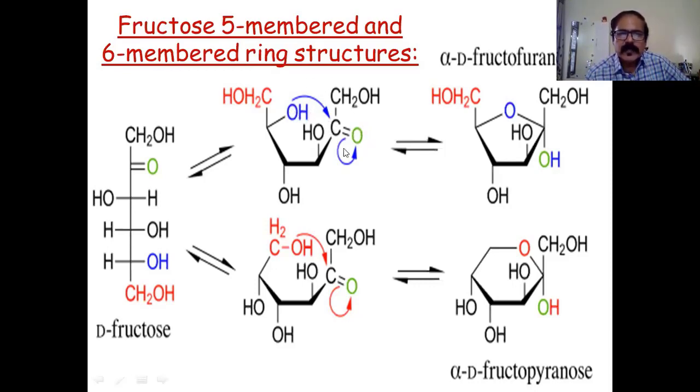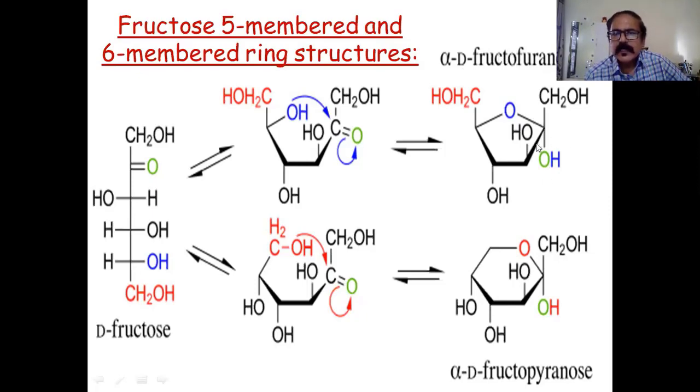That hydrogen will come and sit here. Then you will get a bond between this oxygen and carbon, which is a new bond formation, with the blue-colored oxygen you can see, and this oxygen has a hydrogen, green-colored oxygen and blue-colored hydroxyl. You are getting a 5-membered ring, and this is furanose, fructofuranose, alpha D fructofuranose.